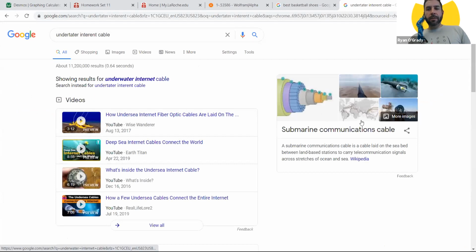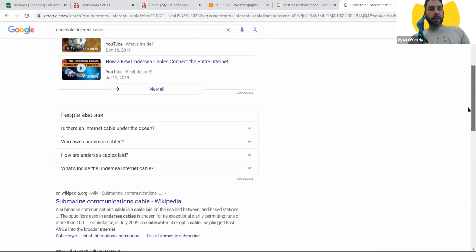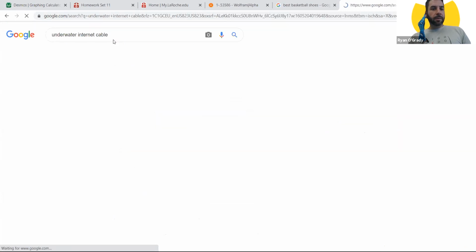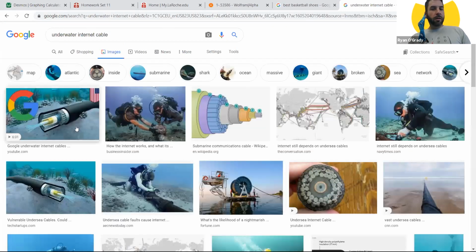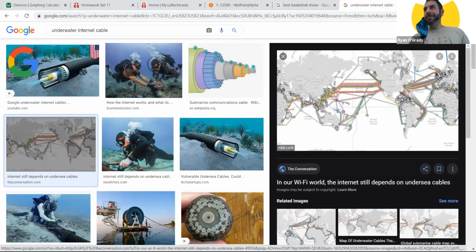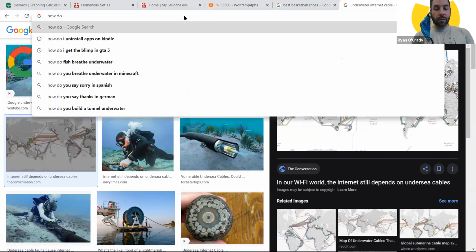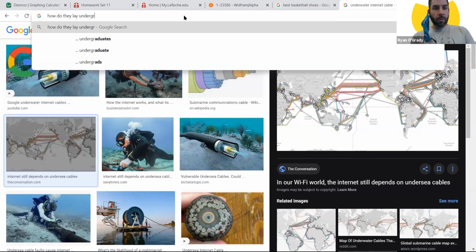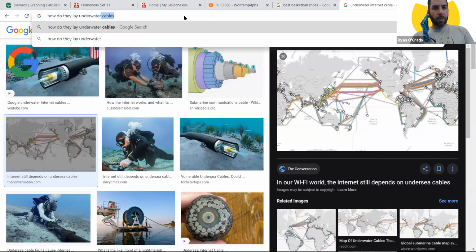You ever wonder how we get internet all over the world? These are the things that I would get you to look at. It's pretty cool how all this stuff works. Think about it, Facebook and Google fronted pretty much all this money so that you can have fast internet all over the world. There's a map of all the underwater cable. Then you can even ask questions, like how do they lay underwater cables?